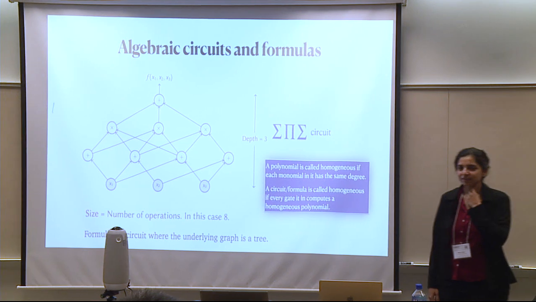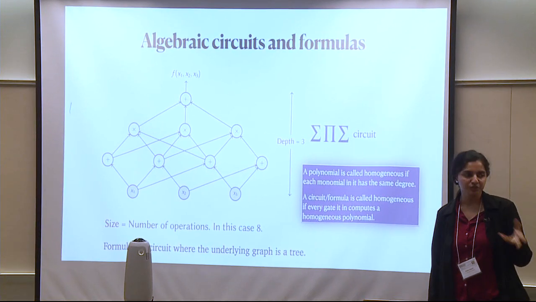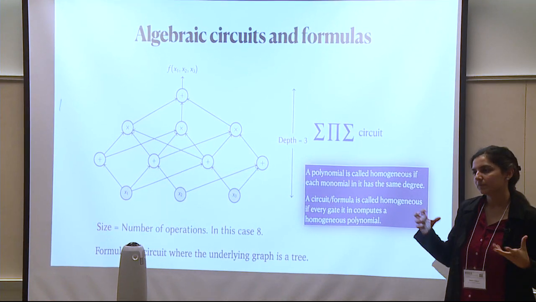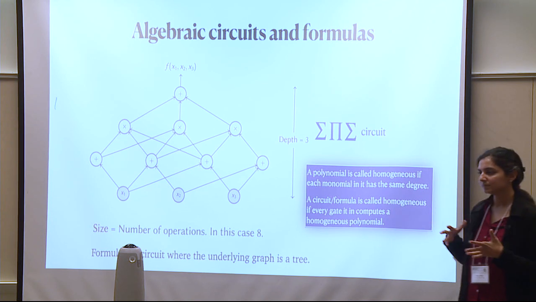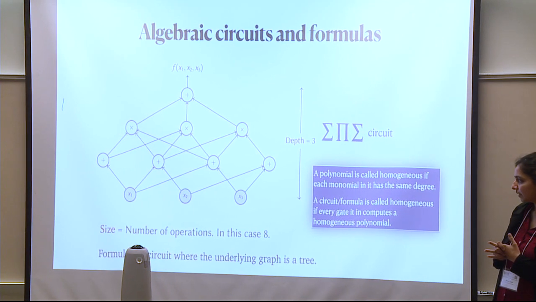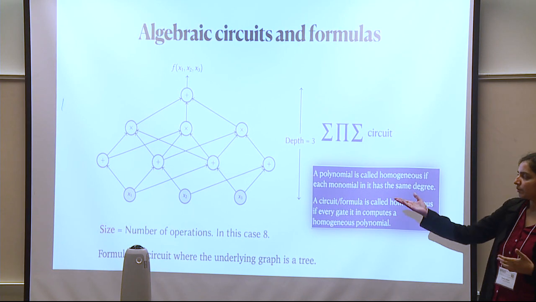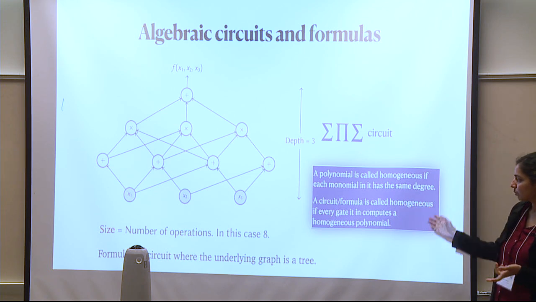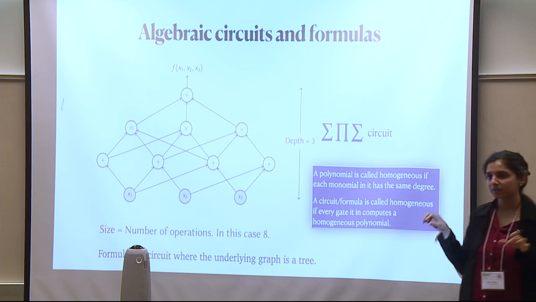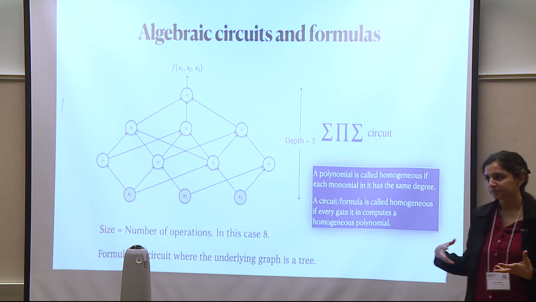One more definition here. We'll say a polynomial is homogeneous if every monomial in it has exactly the same degree, and correspondingly the model of computation, maybe circuit or formula, is homogeneous if every gate inside it computes a homogeneous polynomial.